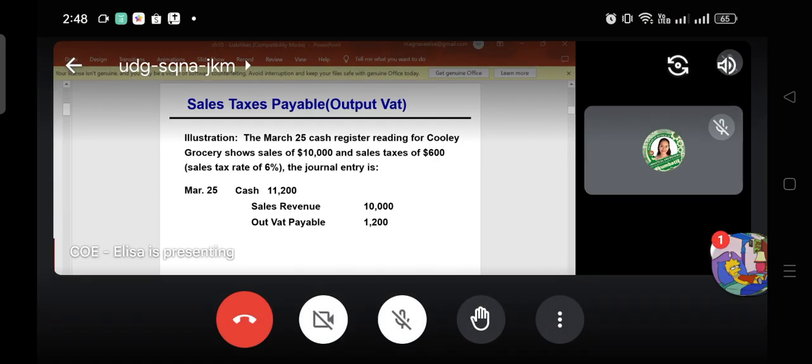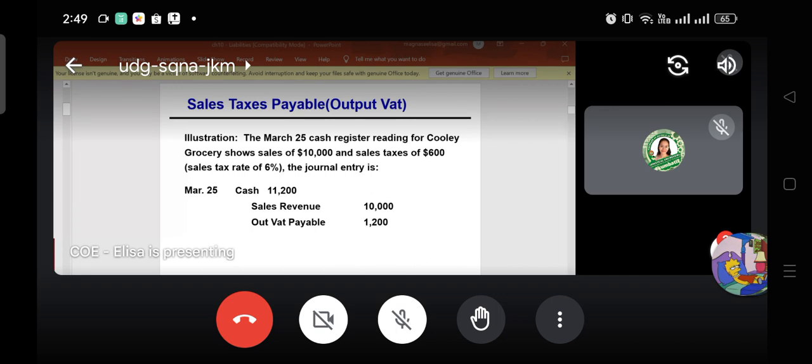Okay, so that's the sales amount that we will recognize as sales revenue. Multiply that by 12%, 0.12. Multiply that by 0.12.